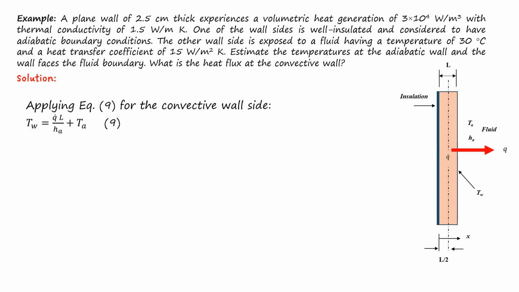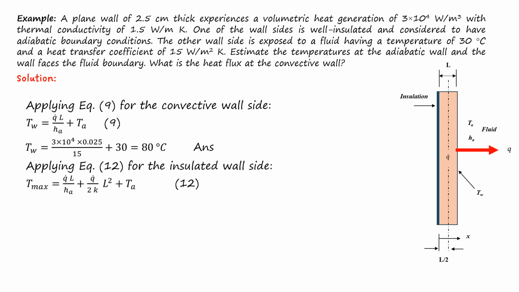If we apply equation 9 for the convection wall side, T sub W equal Q dot L divided by H sub A plus TA, which represents the wall temperature at the convection part. And if we substitute these values of L, Q dot, H sub A, TA, then we will get a temperature of 80 degrees Celsius at X equal to L at the wall which faces the fluid, the convection part.